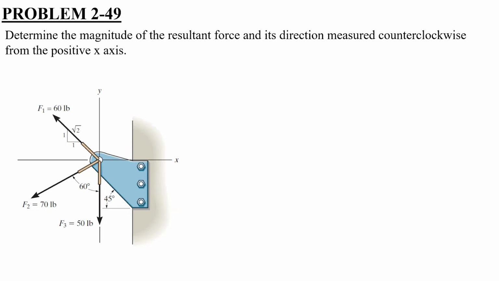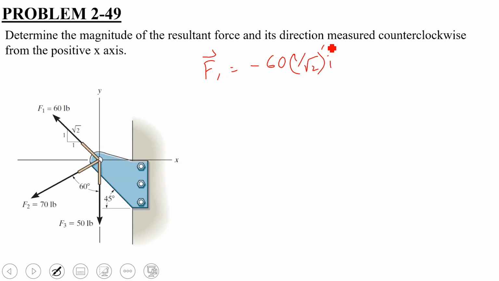Starting with force F1, this force is acting in the second quadrant. So if we need to write it in terms of Cartesian notation, then it must have a negative x component and a positive y component. Since the smaller triangle is given to you, we can write it as minus 60 times 1 over root 2 i plus 60 times 1 over root 2 j.